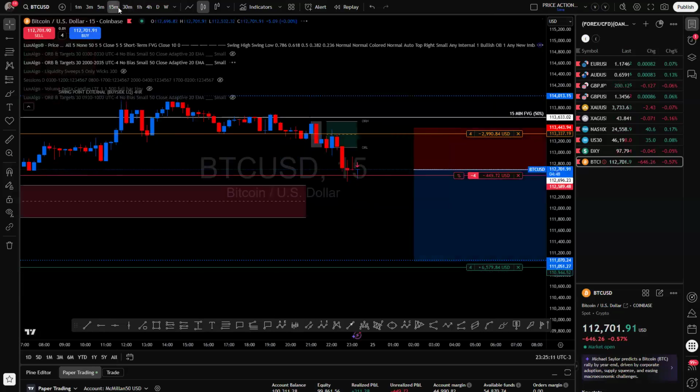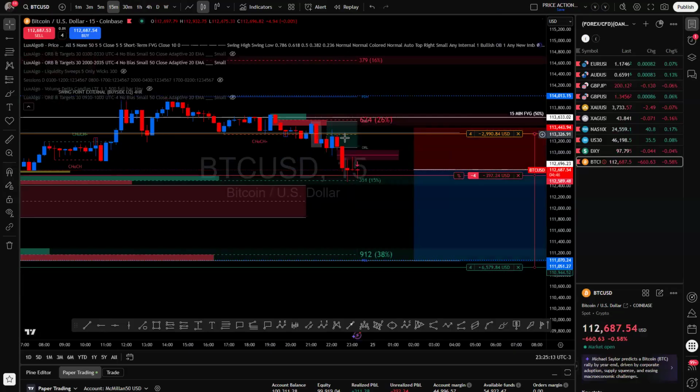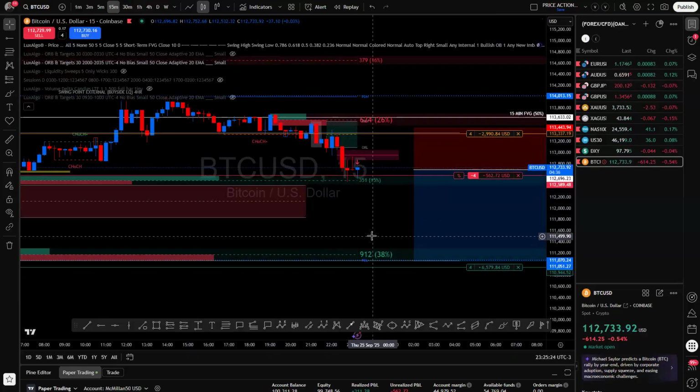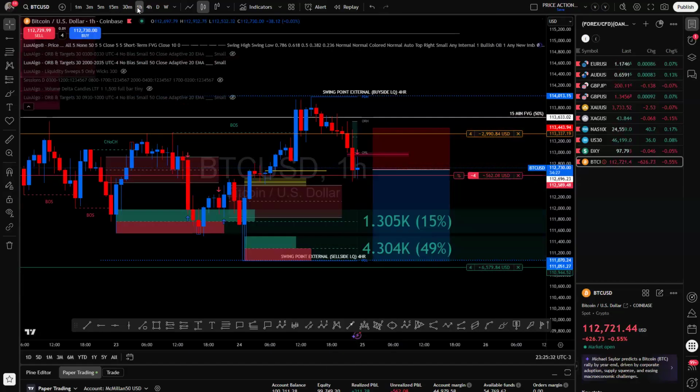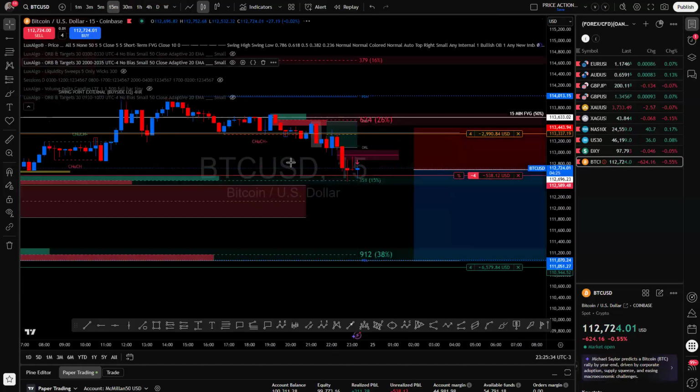I'm going to look at the 15-minute. Yeah, on the 15-minute you can see price respecting this order here. This is the Asia session order, and it closed with some strength. So price might be ready to go further down to here.